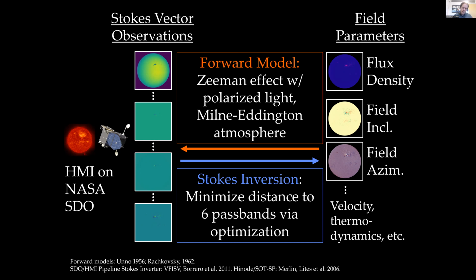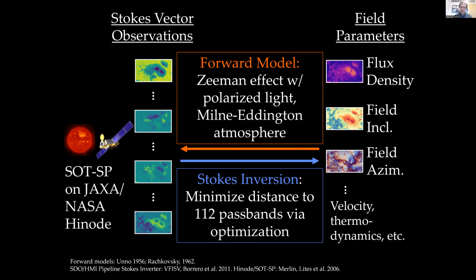There's a generic inversion technique, but then, for example, SOT-SP, or SP, which is on the Hinode mission, observes many more band passes. So it will produce a different type of inversion, because it has many more observations to pin down the actual field strength and all the other parameters.